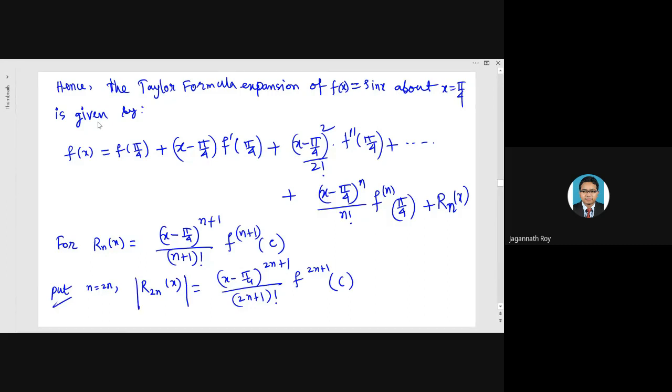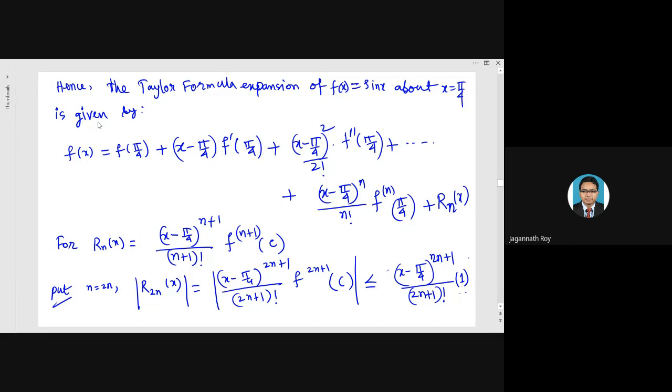If you take the absolute value, this would be bounded by |x − π/4|^(2n+1) / (2n+1)! times 1, because this is either sin x or cos x, so the absolute value will be bounded by 1.